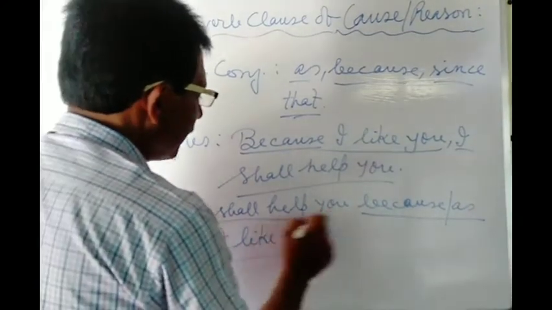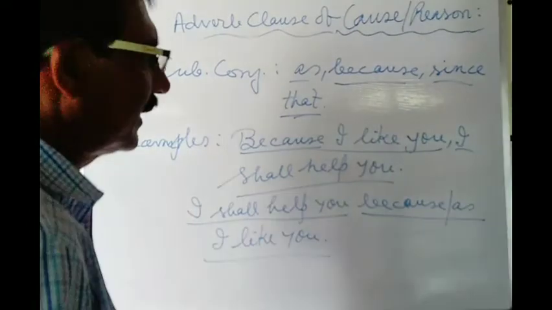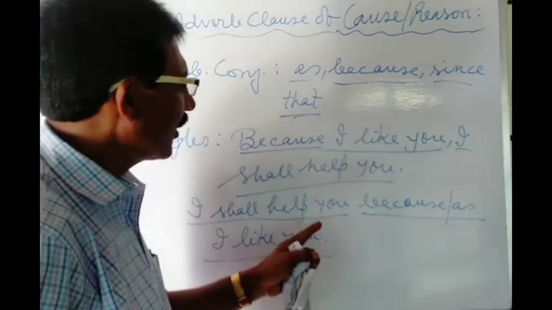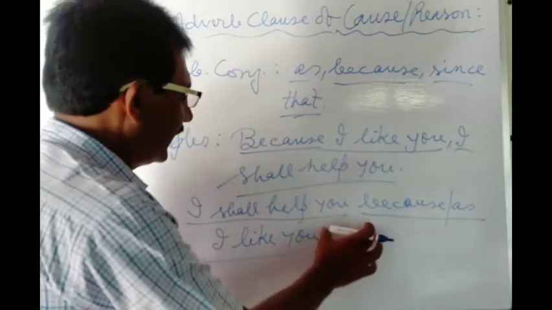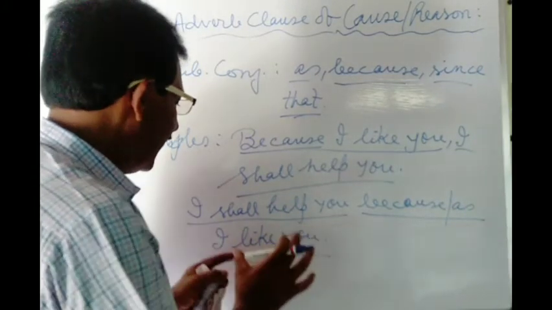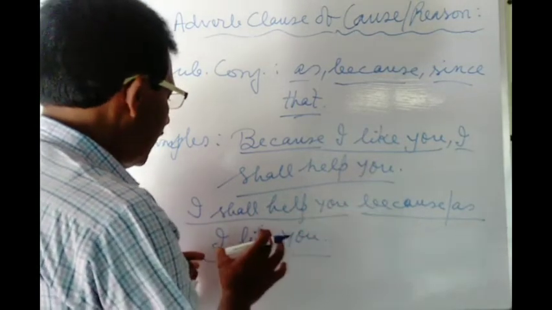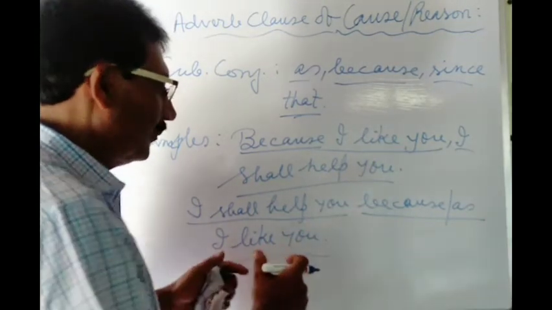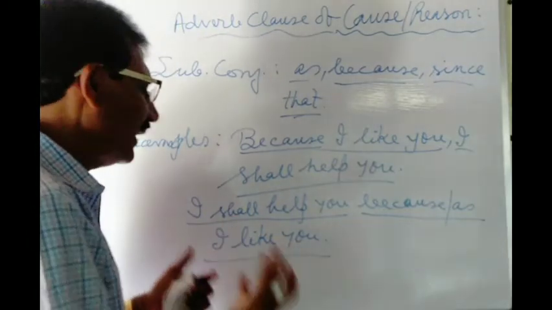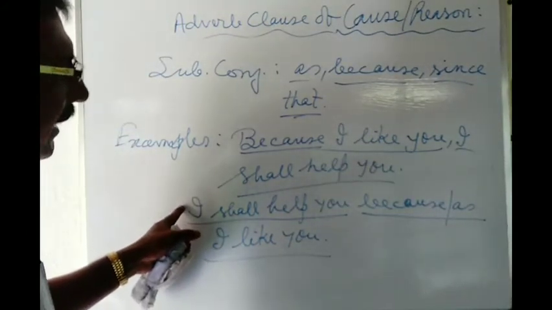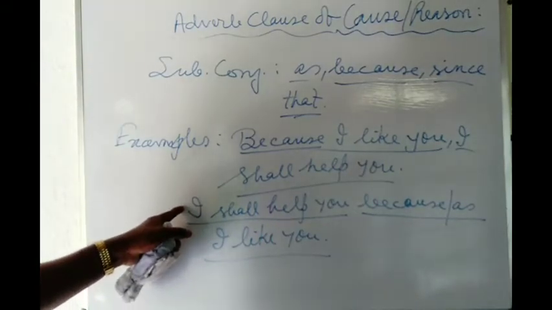Here I shall help you, this is used as the principal clause. In this way, you may write such type of adverb clause of cause or reason. Here this is the reason to help you. I shall help you because I like you. Because of my liking, I shall help you.